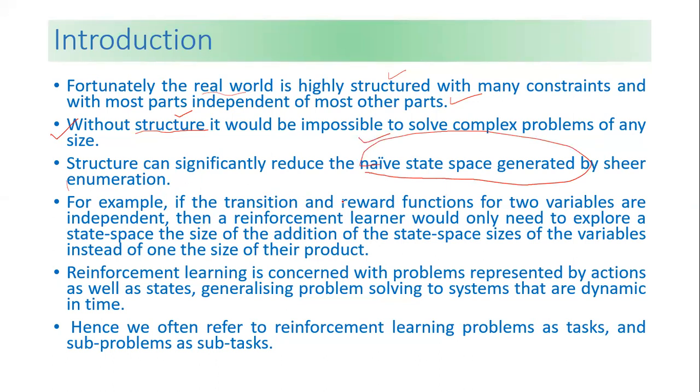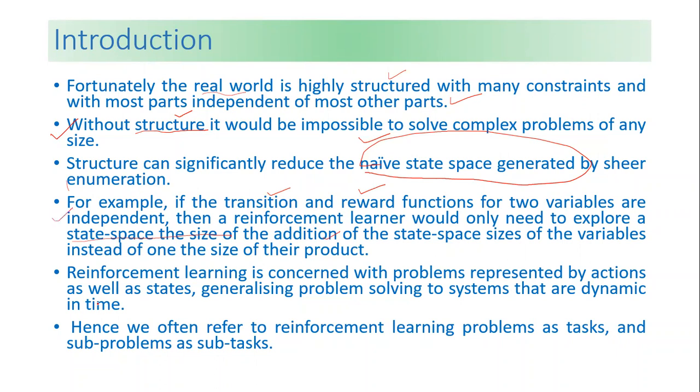For example, if the transition and reward function for two variables are independent, then the reinforcement learner would only need to explore a state space whose size is the sum of the state space sizes of the variables, instead of the size of their product.